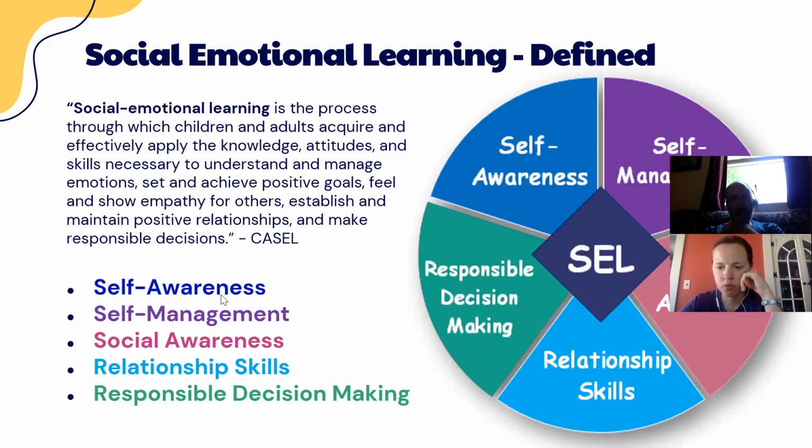We have this nice graphic that Emma put together to separate social emotional learning into the 5 areas we're going to be looking at: self-awareness, self-management, social awareness, relationship skills, and responsible decision-making.